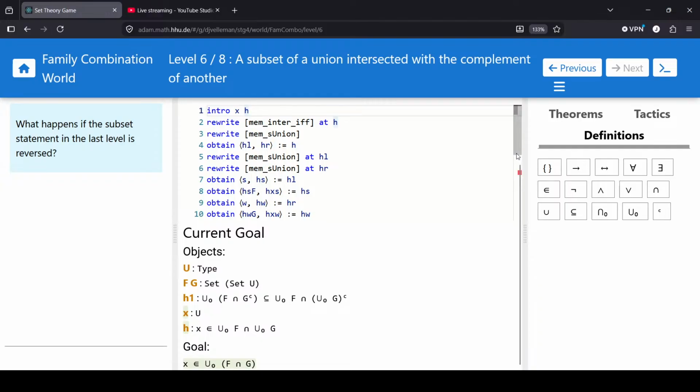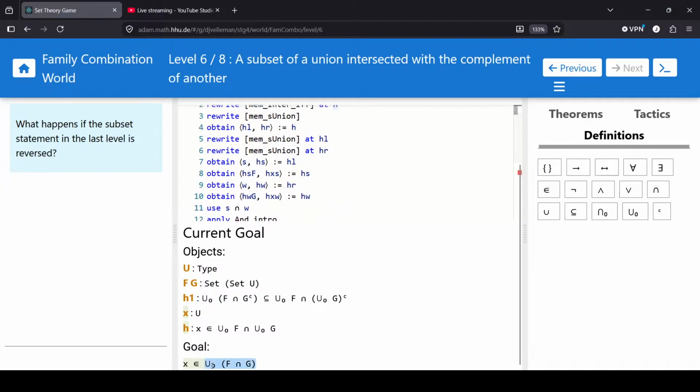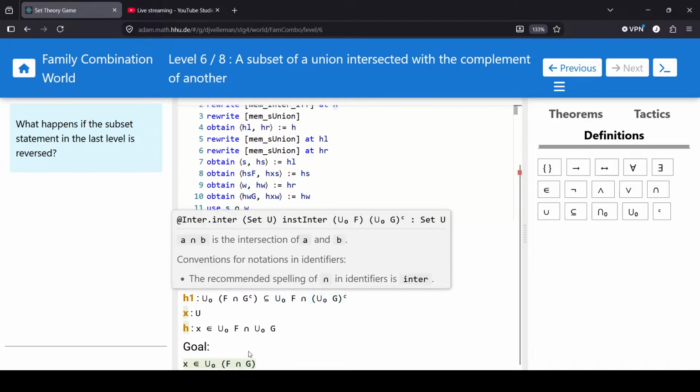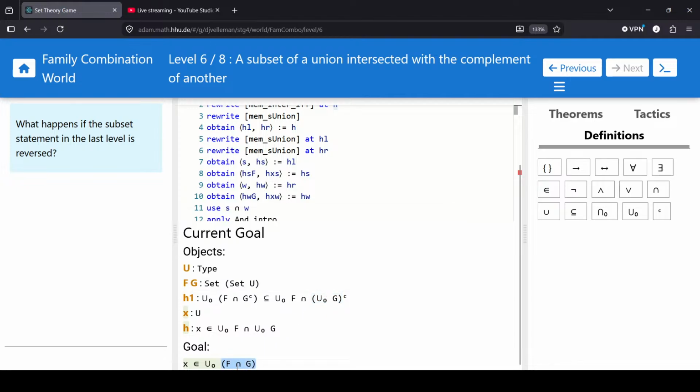Okay, but what about the goals? Can I massage my goal into this form? This one looks a little more promising, just a tiny bit, but it's still kind of hard to say. I'm so confused by this H1. It just bothers me. Why is it here? Why are you there?